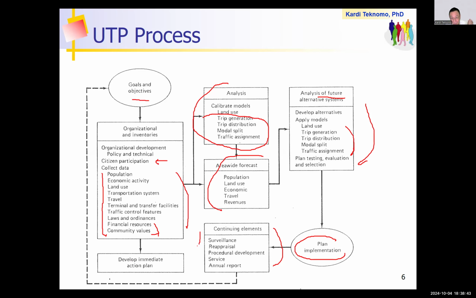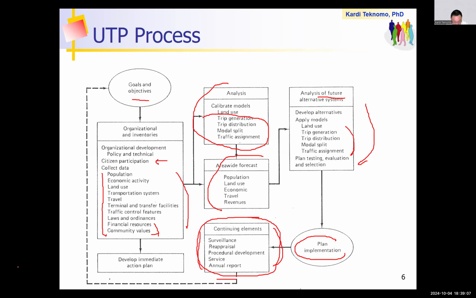This is very important, and the feedback system is often neglected by the government and consultants here. So, whether our goal and objective is achieved or not. This is the main point of the UTP process.